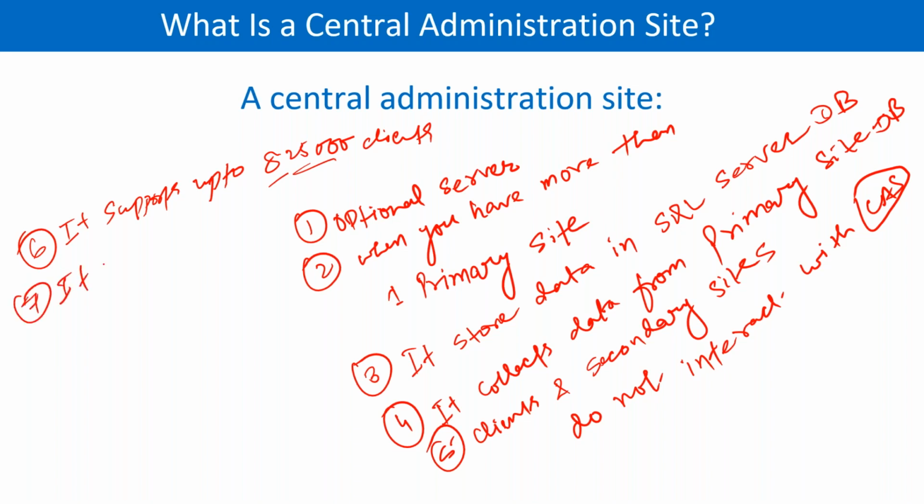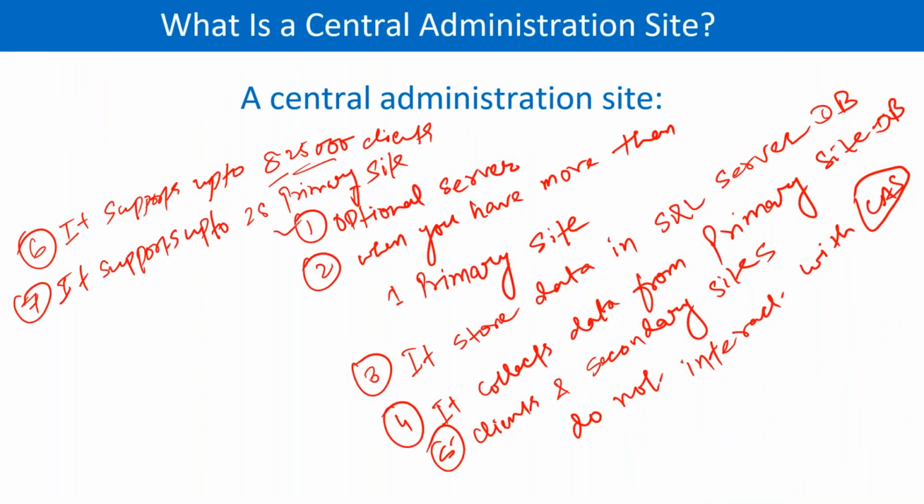It supports up to 25 primary sites. Maximum one central administration site can support up to 25 primary sites, not more than that. Okay.